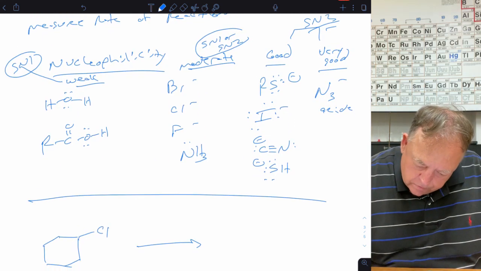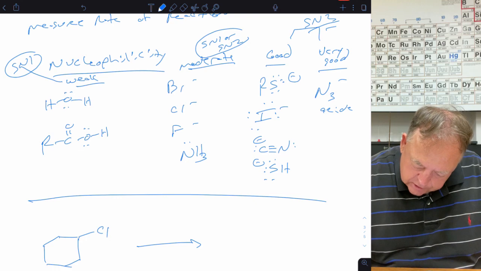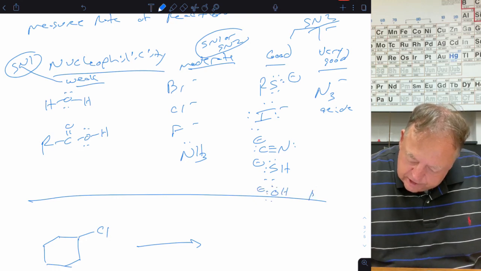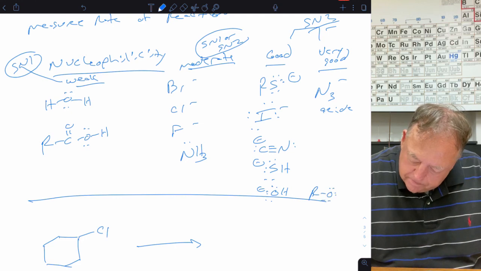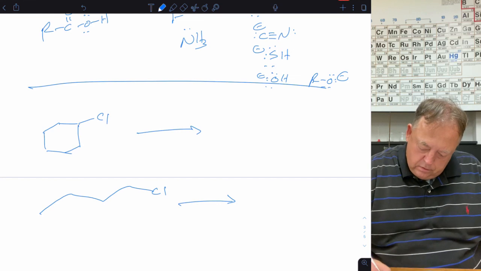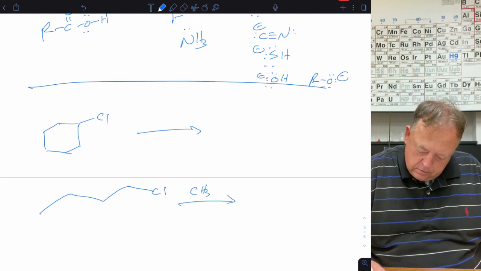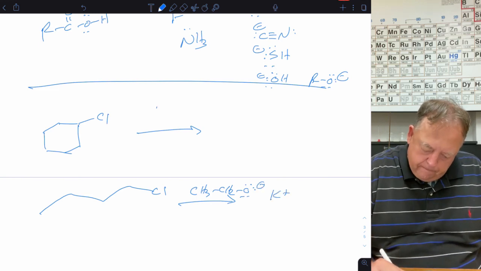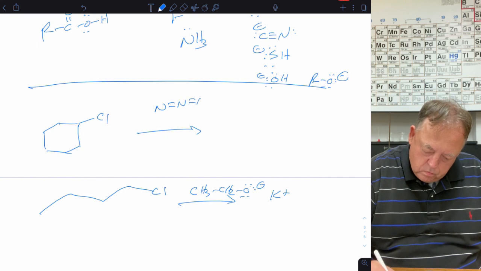Let's stick RO- on here. So we should stick hydroxide on here, and the conjugate base of an alcohol, RO-. Okay, so that's what azide is. That is N3-.